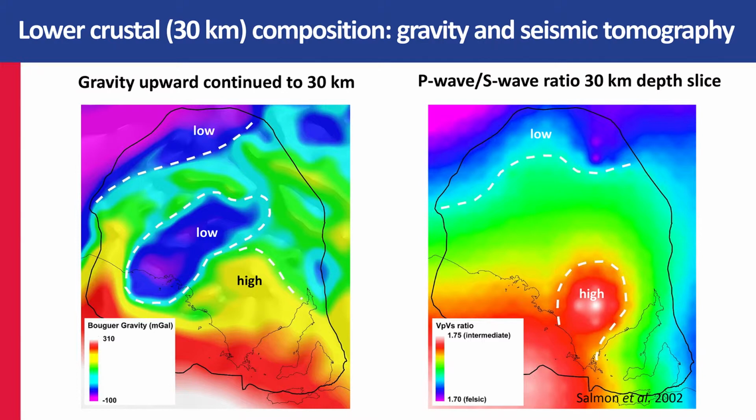We can also compare these data sets with seismic reflection. I'm going to go through three of the big seismic reflection surveys in the Gawler, just to look at how the locations where we've got gradients in the gravity and seismic tomography match the interpretation of the reflection profiles.